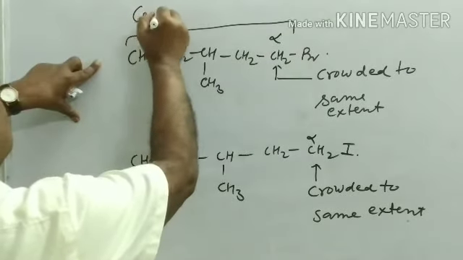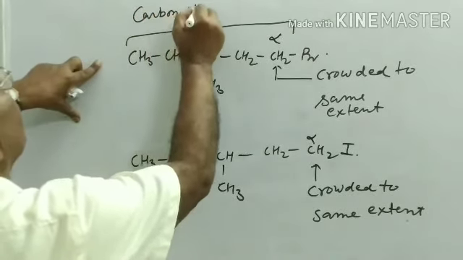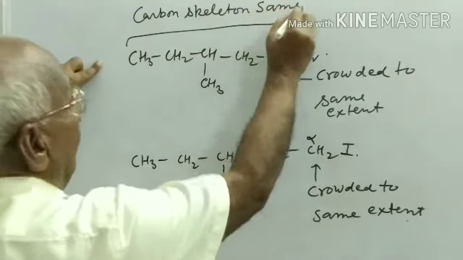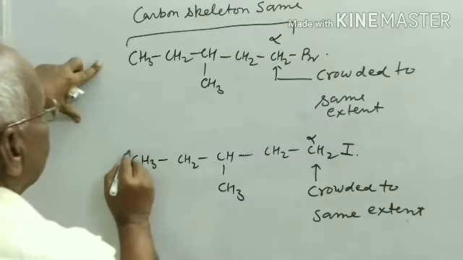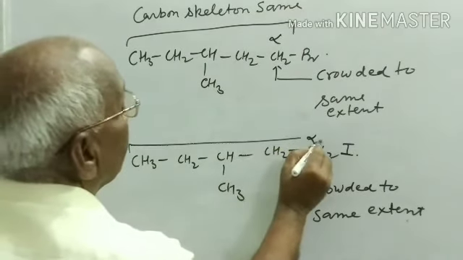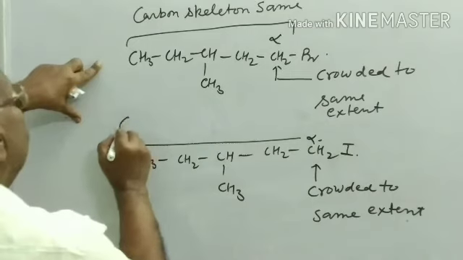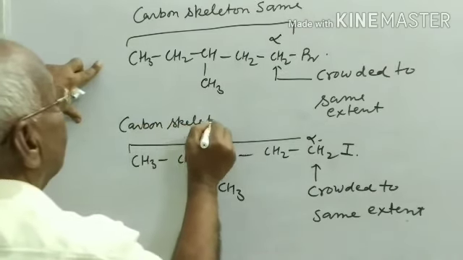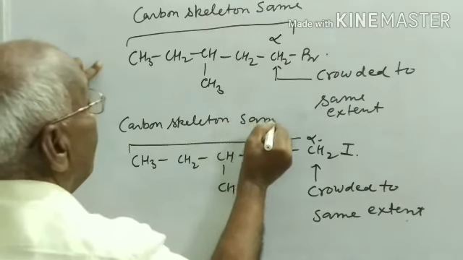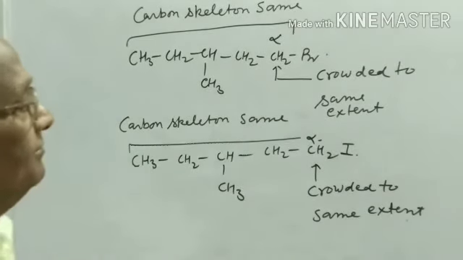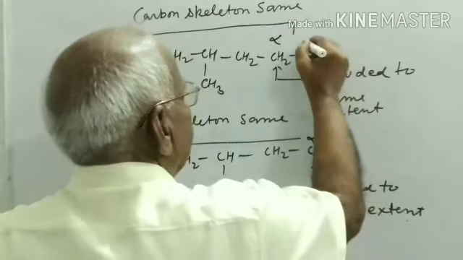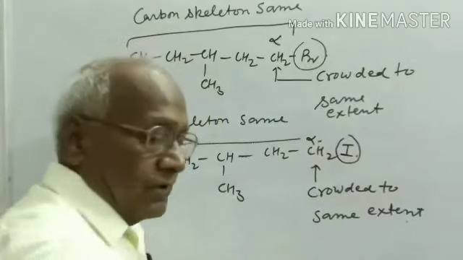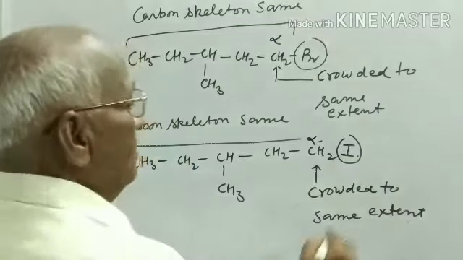The carbon skeleton is the same. The point of difference is Br and I. Which one is a good leaving group? I is a good leaving group.